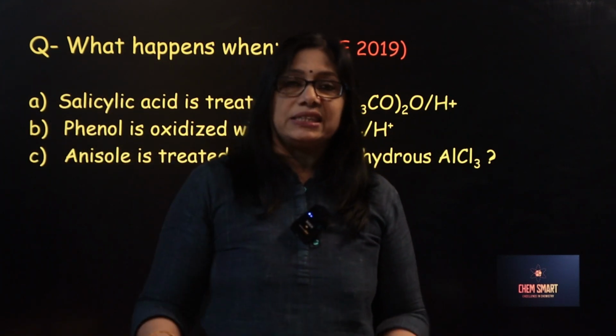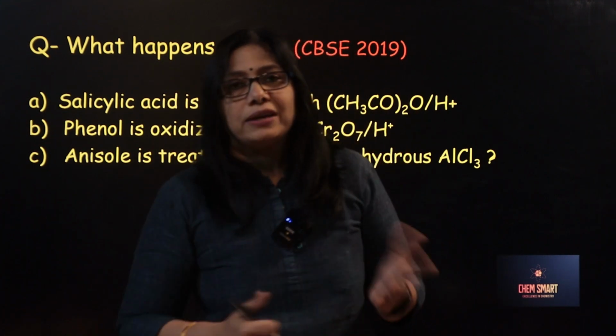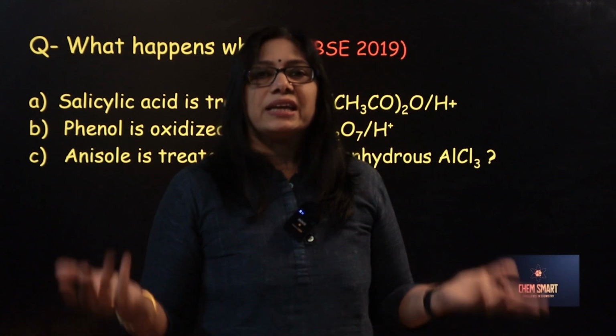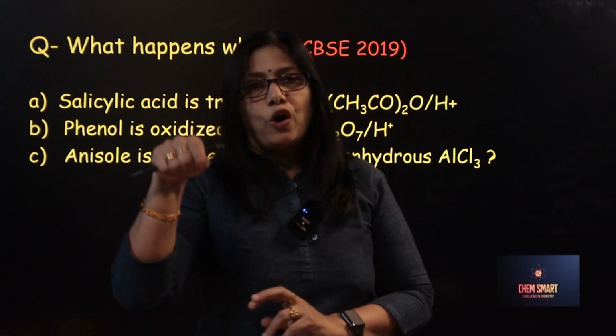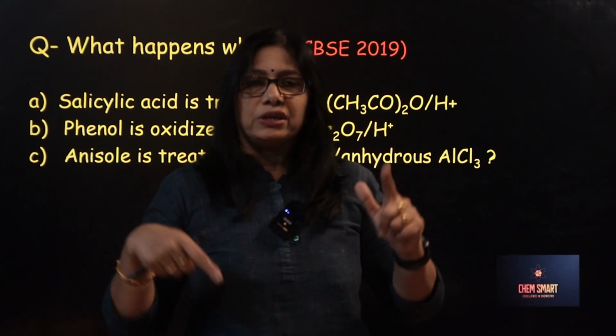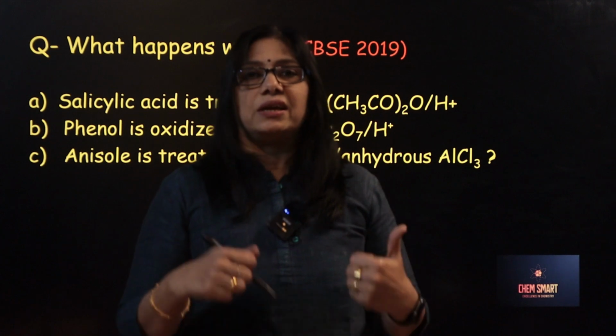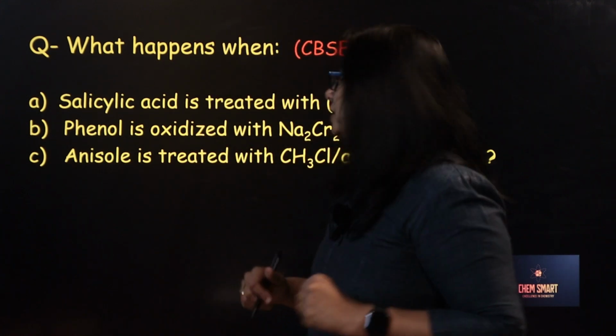Understand? Salicylic acid is acetylated. That's a key term. Acetylated to get aspirin. That is esterification actually. What is happening here? Okay, the OH group of the salicylic acid, it is undergoing esterification with acetic anhydride. So it is getting acetylated.